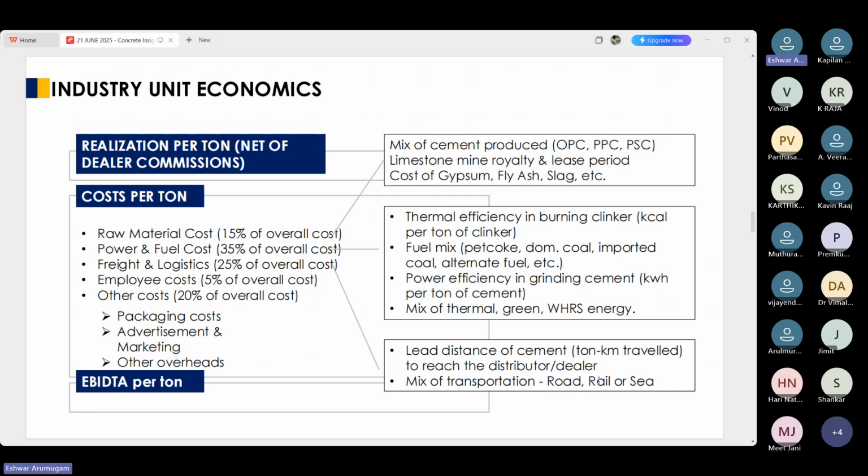Ambuja Cement, since they have a captive shipping logistics company, has a reasonably higher share of sea compared to the others. So this is the unit economics of the cement industry, per se. Let's move on to the next slide now.